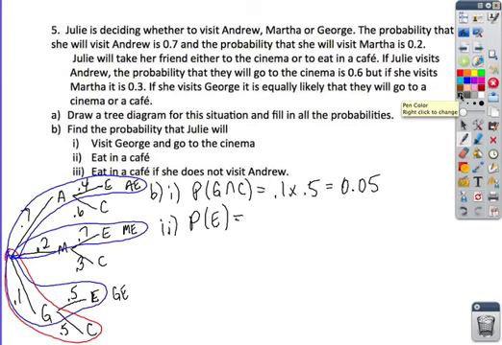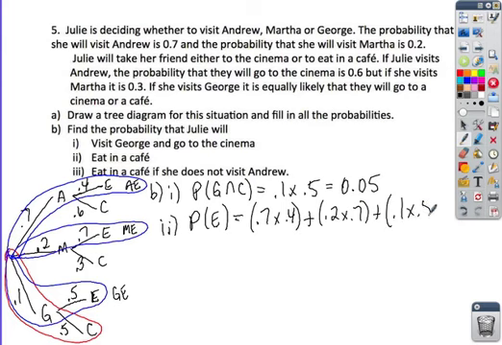So what this will result in is the product of those probabilities. So for Andrew, 0.7 times 0.4, plus for Martha, 0.2 times 0.7, plus for George, 0.1 times 0.5. Multiply the probabilities, 0.28 plus 0.14 plus 0.05 for a total probability of 0.47.